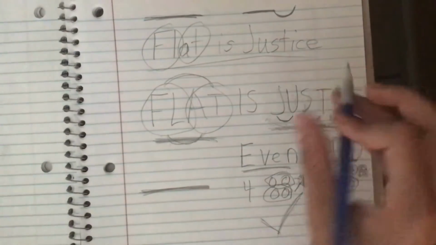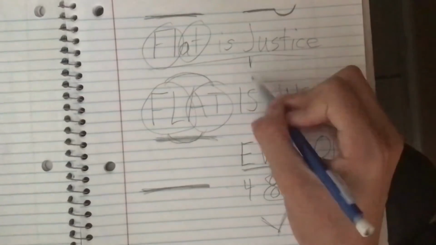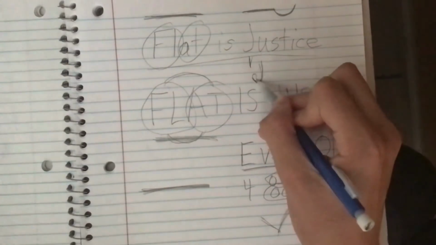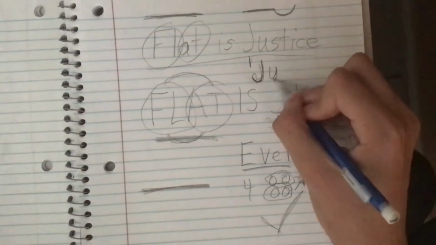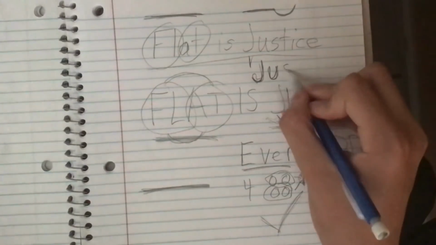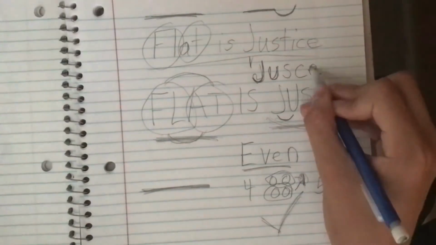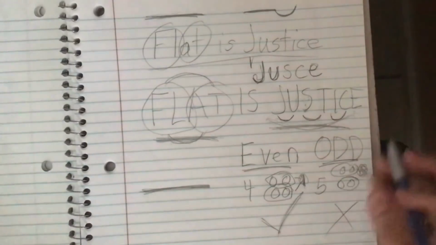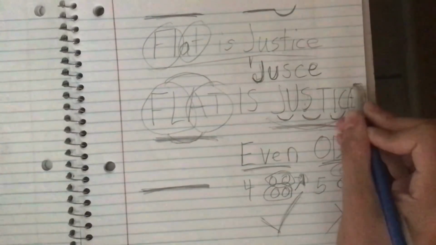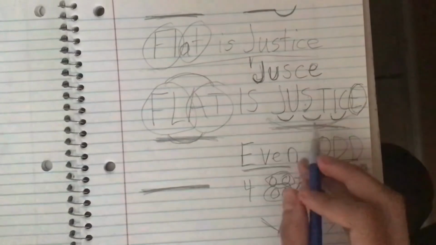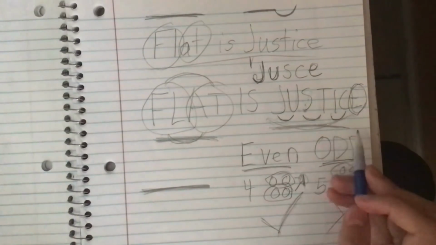Curves. If we take each letter with curves in it, we get J. U is also a curved letter. S, C, and E. But the thing is, E was left out because it didn't fit into a pair.